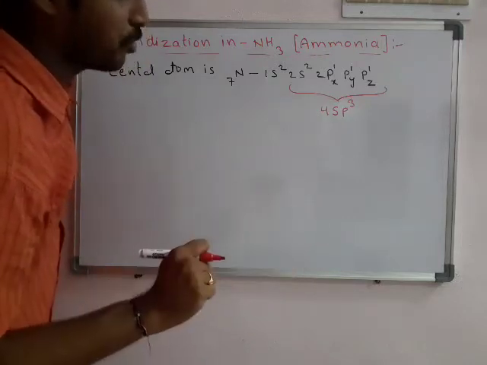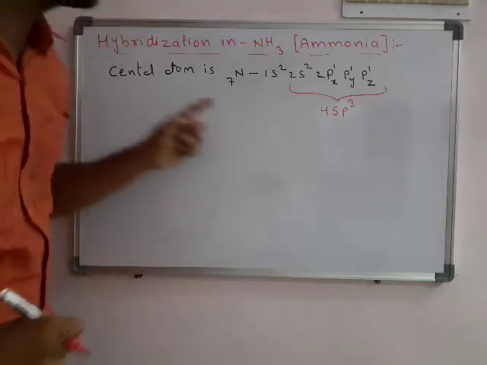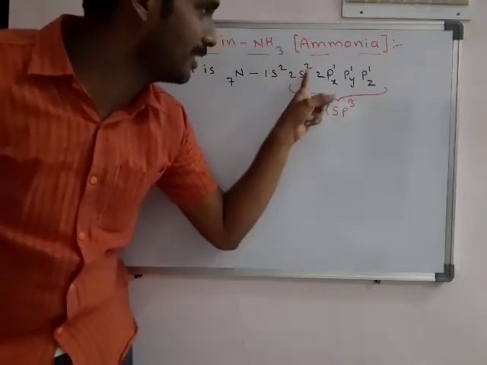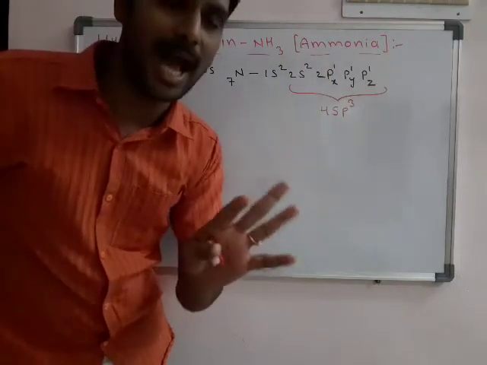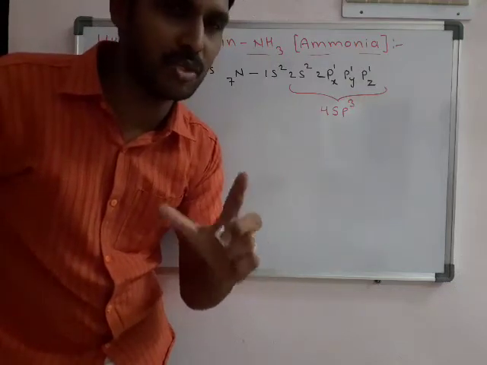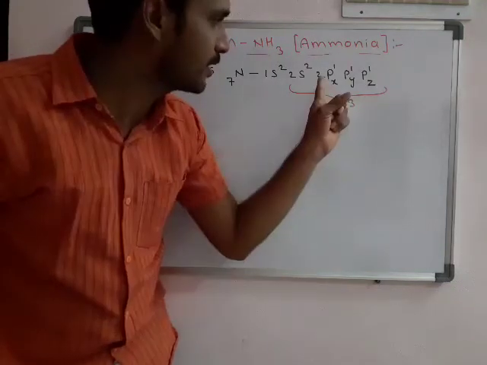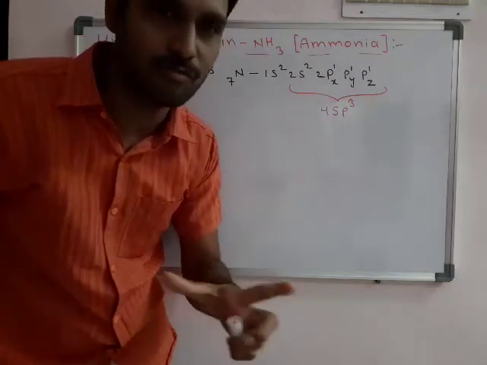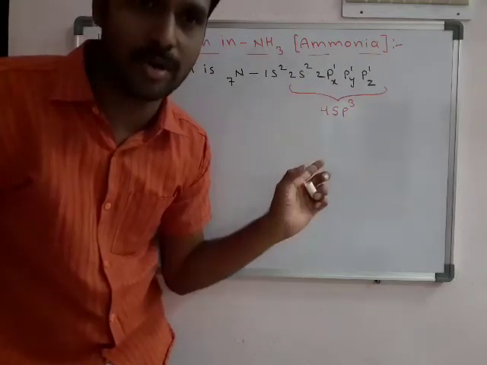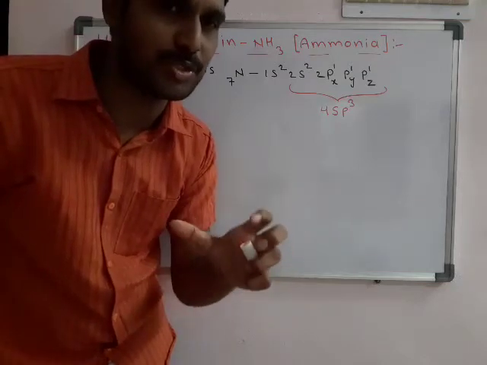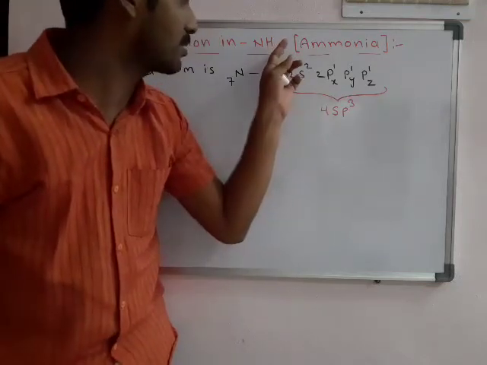Among the 4 sp3 hybrid orbitals, one contains a pair of electrons, and the remaining 3 contain unpaired electrons, which means they are ready for bond formation. The 3 are ready for bond formation, and this one has the lone pair of electrons. Nitrogen needs only 3 bonds.